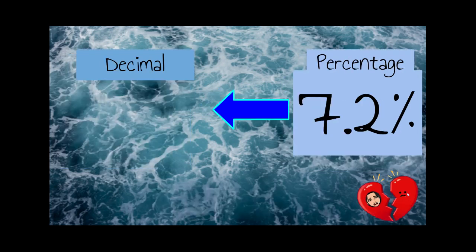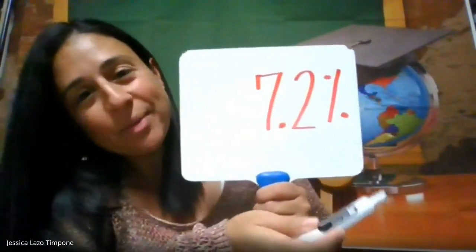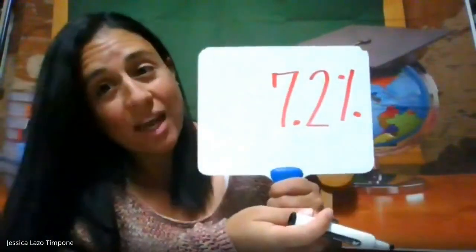Let's change 7 and 2/10% into a decimal. You might be thinking that 7 and 2/10 is already a decimal. However, because it is a percentage, it is out of 100, and we need to turn it into a decimal that is not out of 100. Our decimal and our percent are already having problems because they're not as close as the other ones.